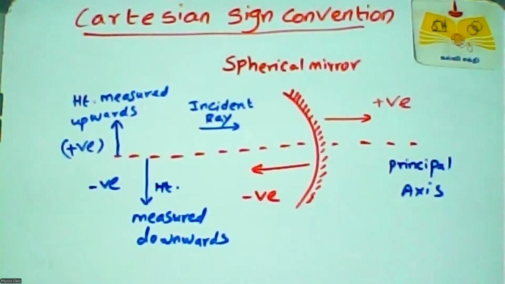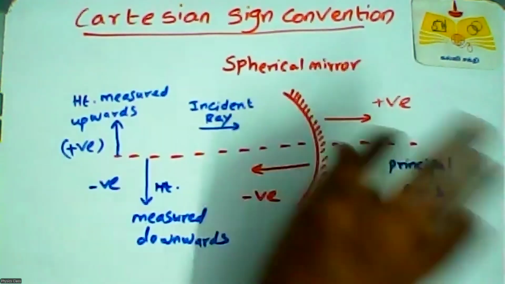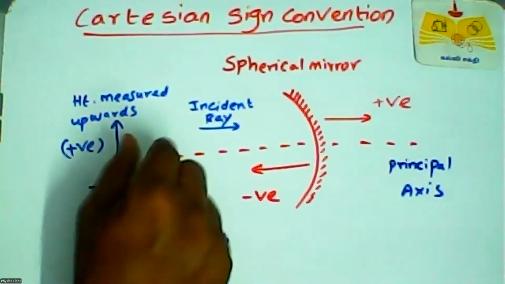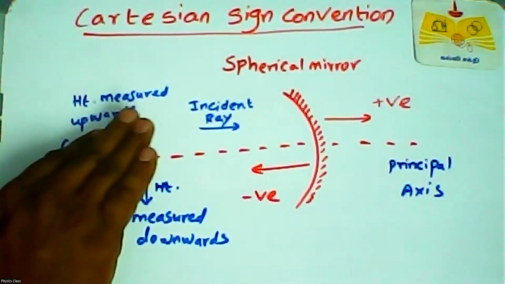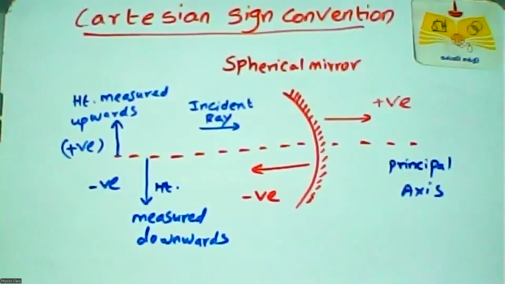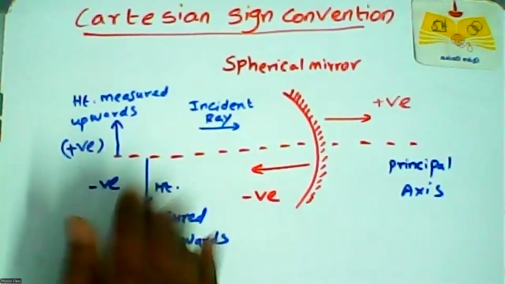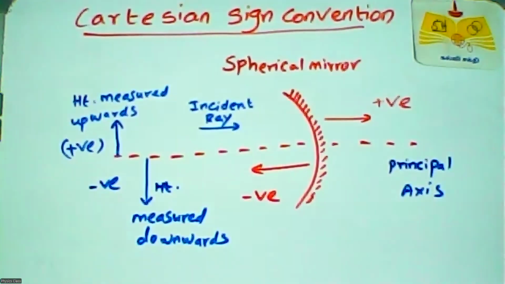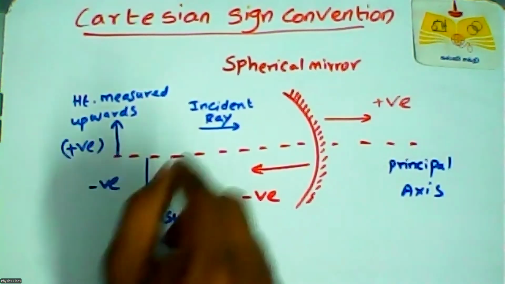Distances measured along the direction of the incident light ray are called positive. The incident ray is coming like this, and the distances we measure along the direction of the incident ray, we put positive.